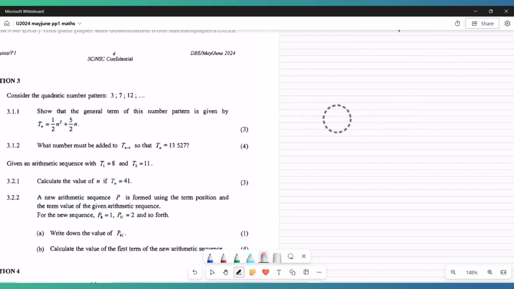So because we have the Tn given to us here, we can say that our Tn, which is given by n squared over 2, plus 5n divided by 2, equals Tn, but they give us Tn as 13527.